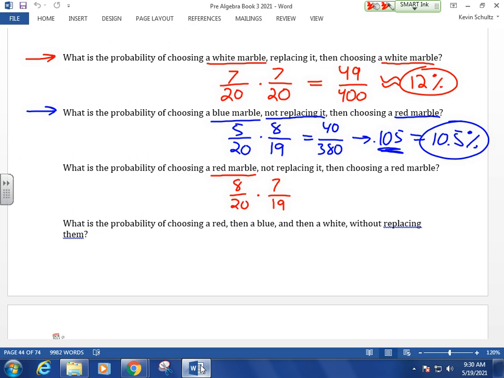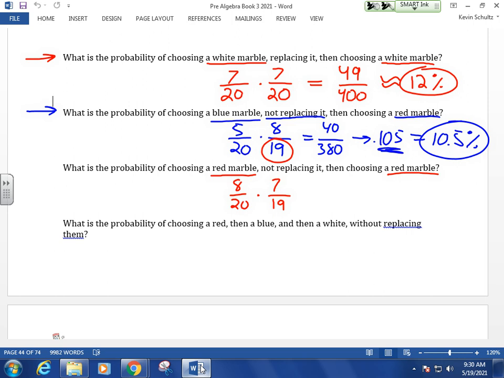Okay, we talked about in the next one picking a blue one, not putting it back, and then picking a red one. What changes is the denominator here, right? If we don't put that first marble back, there are no longer 20 marbles in the bag. There are now only 19. And then the next one made things even more interesting, where I'm asking for 2 red ones without replacement. So you reach in the bag the first time, there's an 8 of 20 chance you pick a red one, but if you don't put that marble back, now what changes?